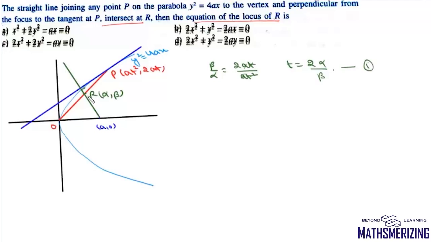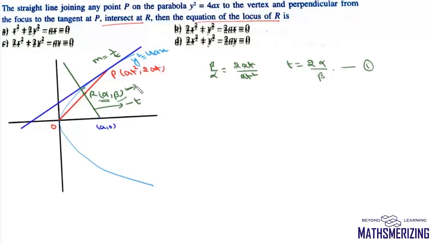Now the second is, we'll find the equation of this line. So we have a point on this line, and we have the slope of the tangent. We know that the slope of the tangent is 1 upon t, so here the slope of this line will be minus t.